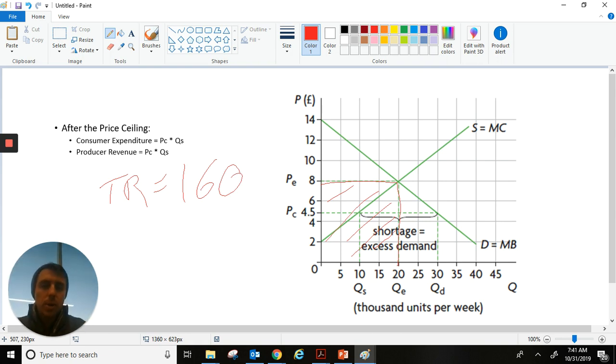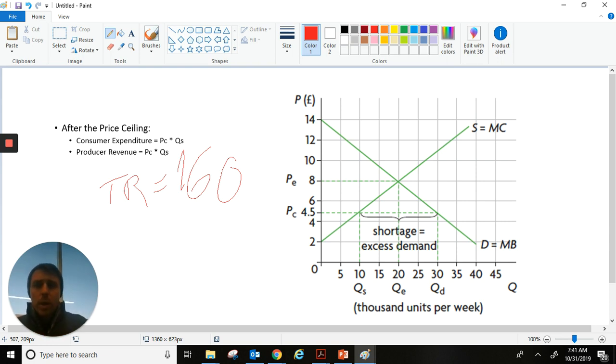So total revenue before the price ceiling is 160 pounds. That means we are buying at 8 and buying and selling at 20. Before the price ceiling, consumers are spending 160 and producers are receiving 160 because there's no government intervention, right?